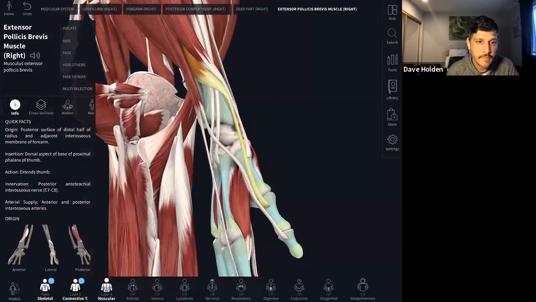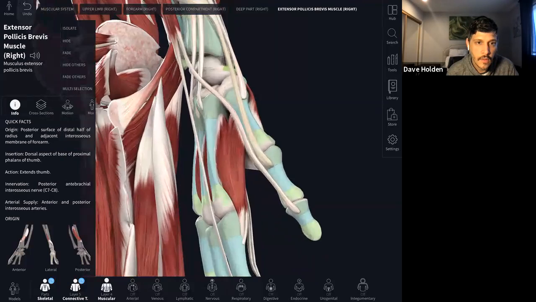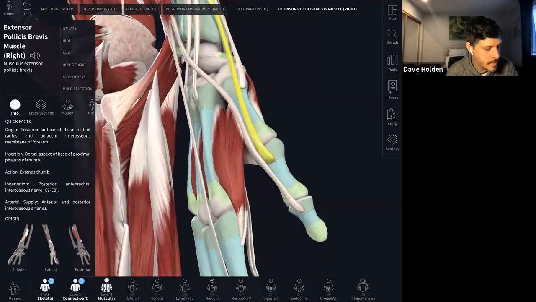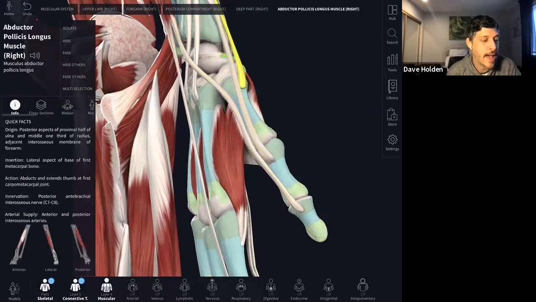So looking at the thumb in our bony format, we see extensor pollicis longus, the long one. Next, extensor pollicis brevis, the short one. And abductor pollicis longus, the one that abducts.